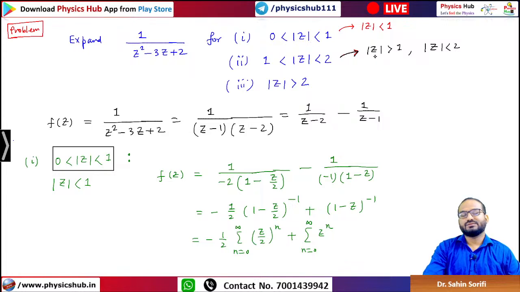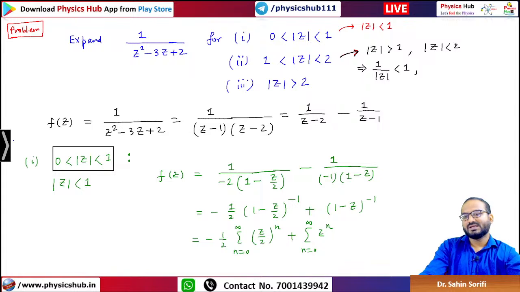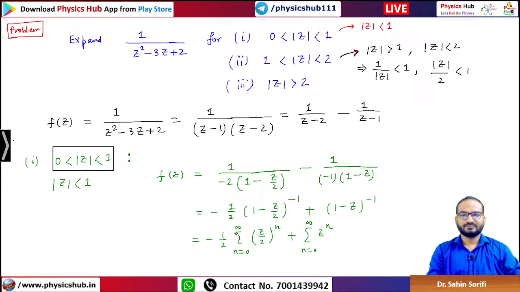So we have to bring such a term so that it becomes less than 1. So if mod z greater than 1, we can write 1 upon mod z, it must be less than 1, and here mod z less than 2, so mod z by 2 less than 1. Can you write it?